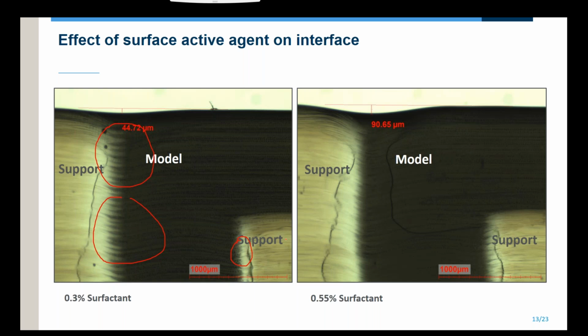So you might have a different surface quality at the two ends of the model material. And just by changing the concentration of the surfactant, you can affect these layers, sometimes in a good way for the hairs, but in a bad way for the difference in height. So you need some type of balance to get everything in order, and that's the work we do. It's a matter of selecting the right surfactant and also the right concentration.